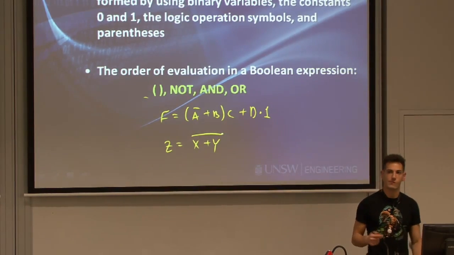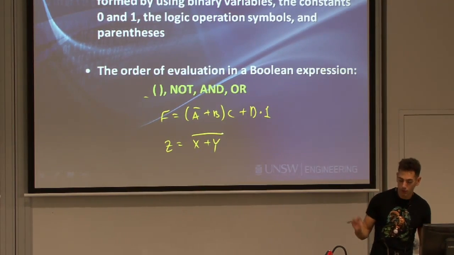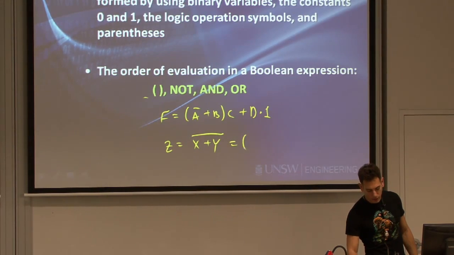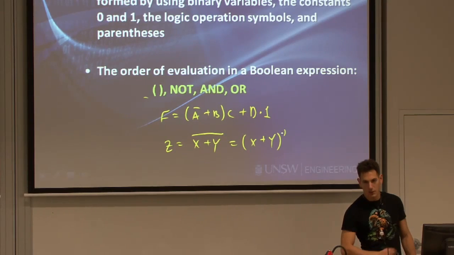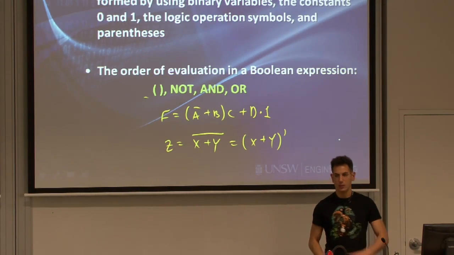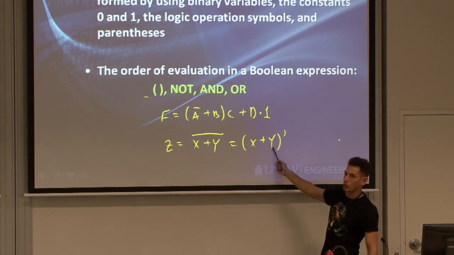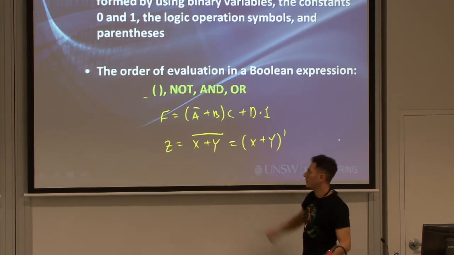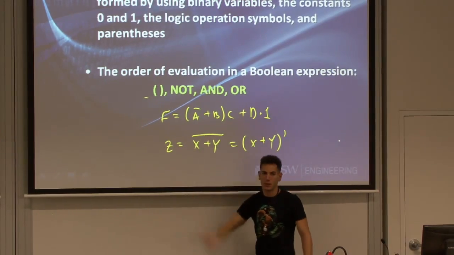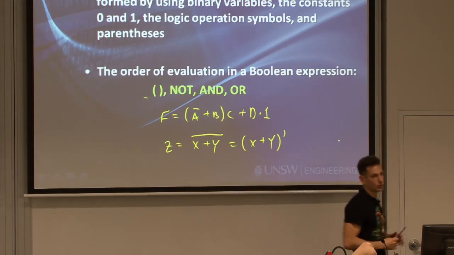It only works on one variable. But you can see that if I wrote it in another notation, with the dash notation, you can now see that what I'm really doing is I'm evaluating x or y and then negating the whole thing. And it's quite clear once I put the overbar on top of the whole expression.